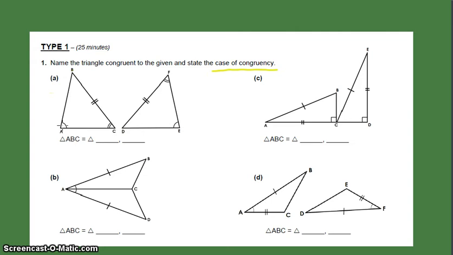So in letter A, it says the angle A is equal to the angle E. The angle C is equal to angle F. And then one side of the triangle, so this one, is also equal to one side of the second triangle.